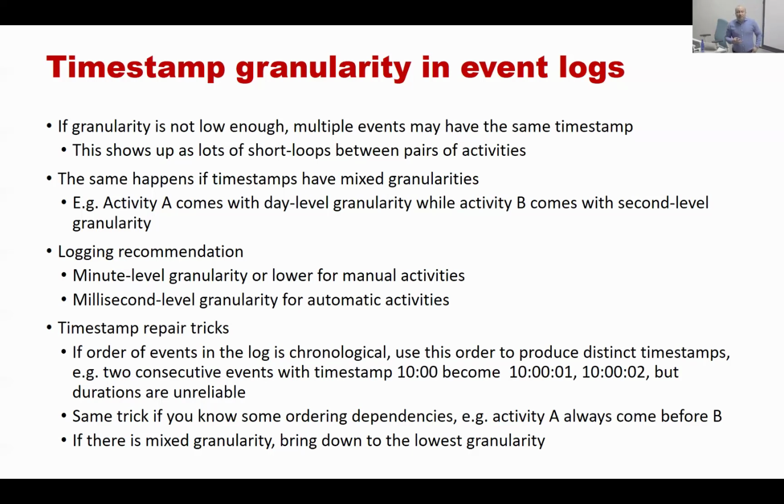Sometimes, for some events, you have the granularity at the level of the day, and for others, you have it at the level of the hour. That's also very, very nasty.